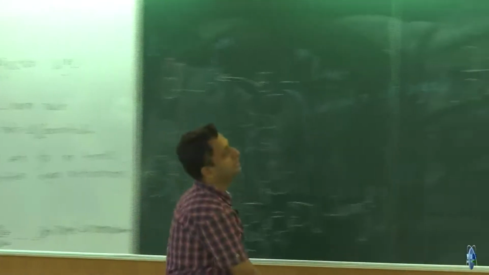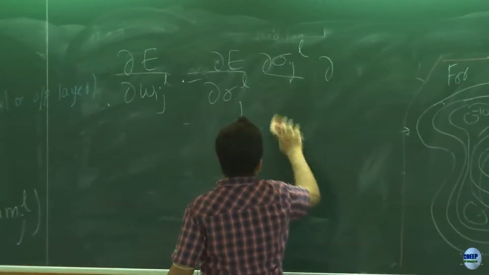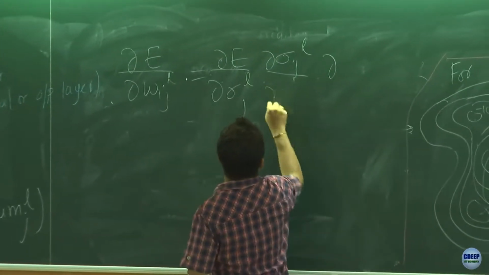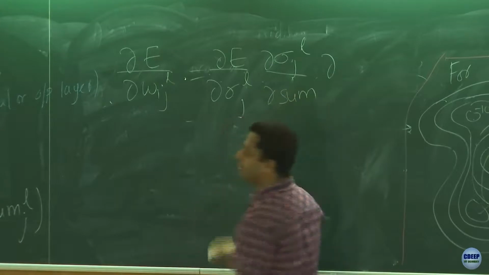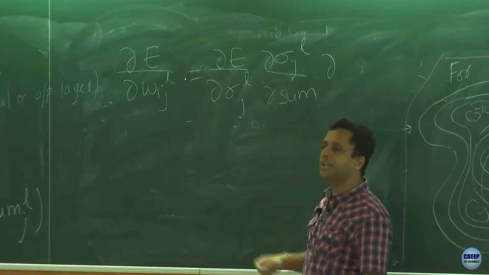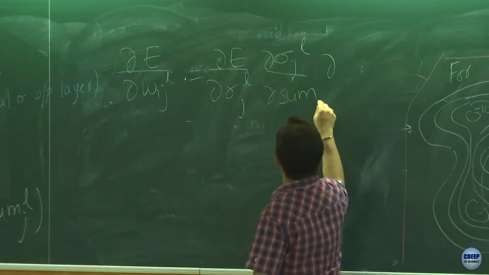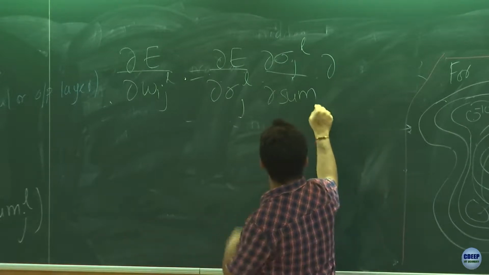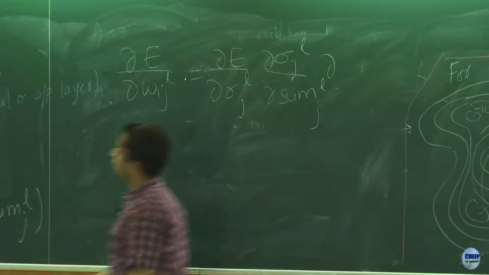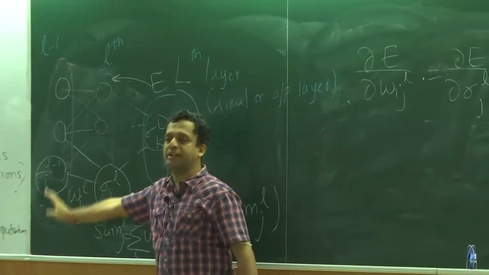So what I'm going to do is write it in terms of a sum. Sigma jl is a function of the Wjl through the sum, the sum of all the weighted activations from the previous layer.